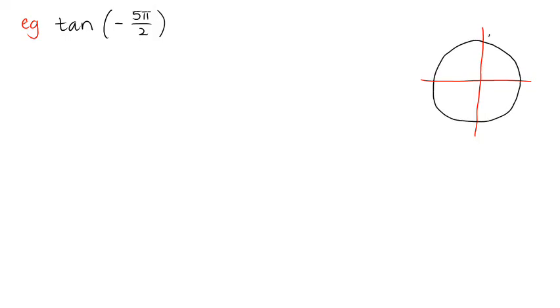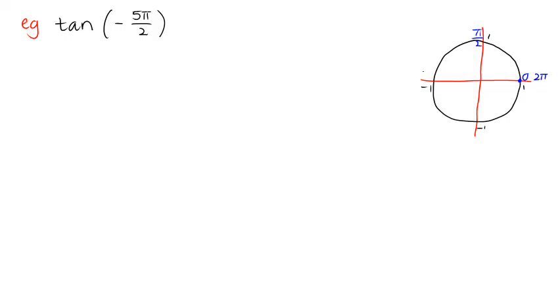Let's try another one. Tan negative 5 pi on 2. Now I'll draw the unit circle again. This is 0 or 2 pi.